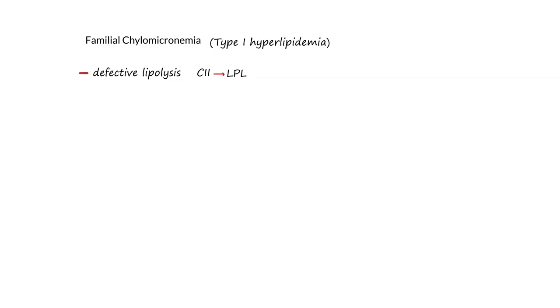So a defect in either the C2 or the lipoprotein lipase gives a failure of that step of lipolysis. In fact, about 80% of them are defects in the lipoprotein lipase, but the clinical picture of either is going to be identical. This is going to present, due to the really high levels of triglycerides, not with atherosclerosis, but with acute pancreatitis.